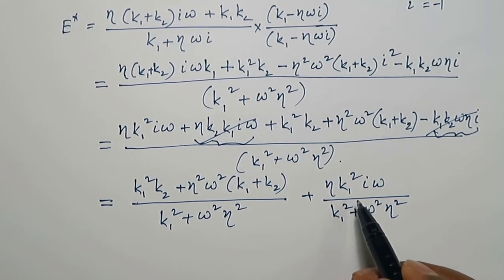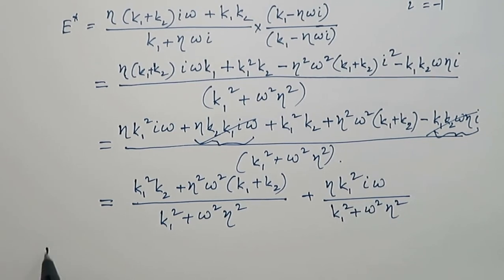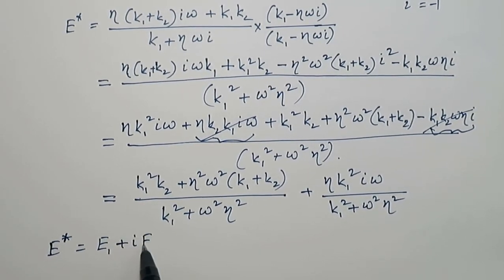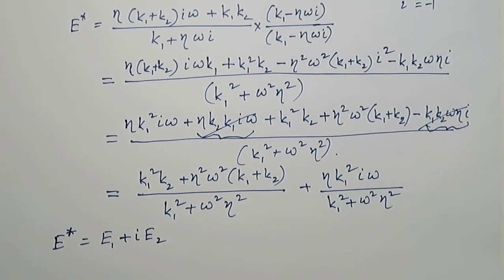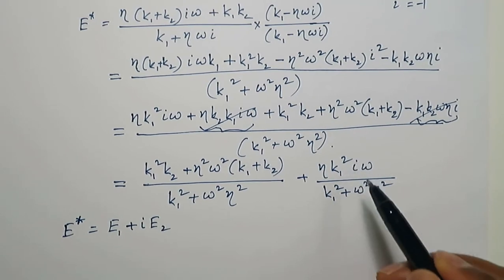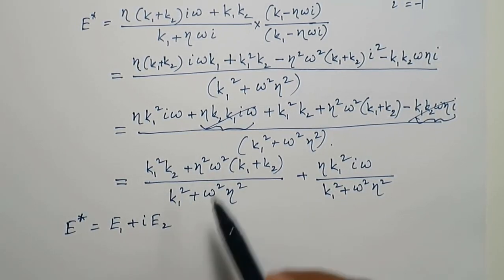So now if we compare this equation with E star is equal to E1 plus i E2, we can find that this contains i and this one is without i.